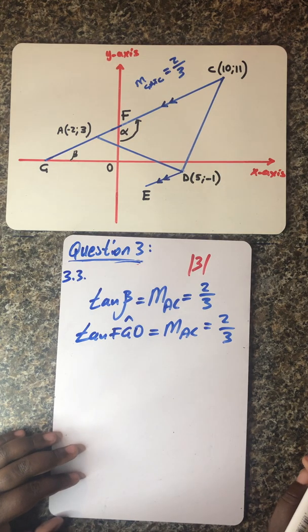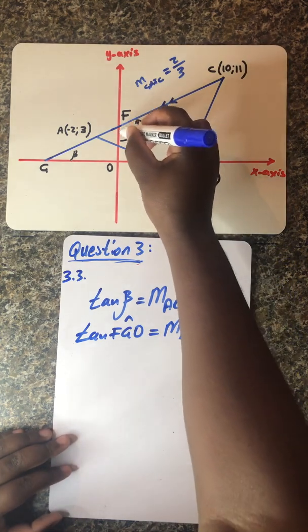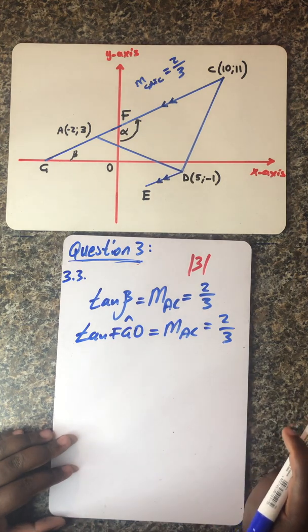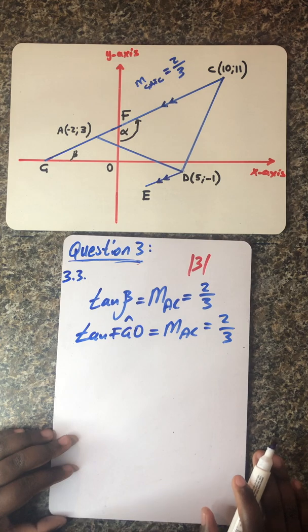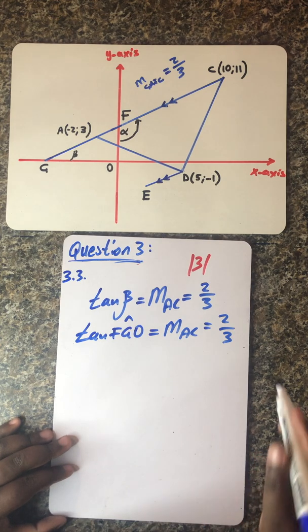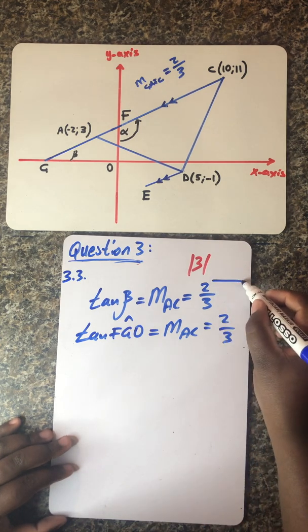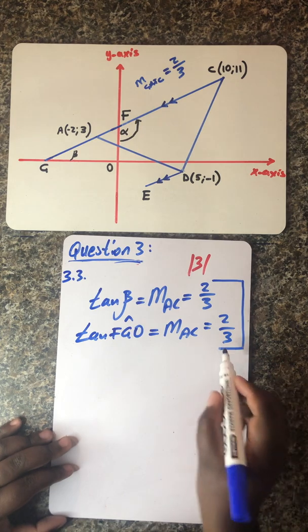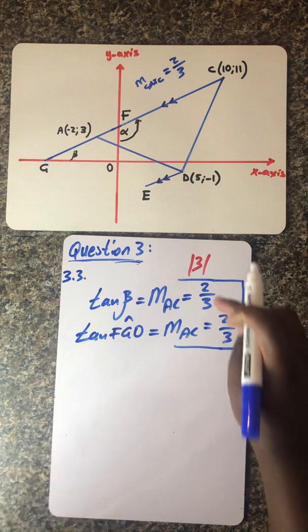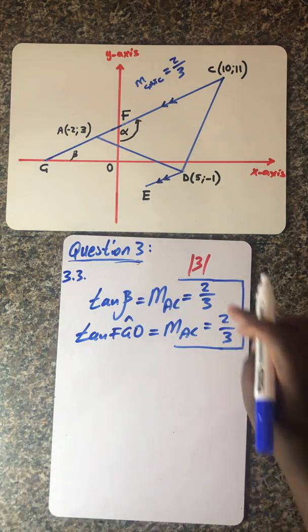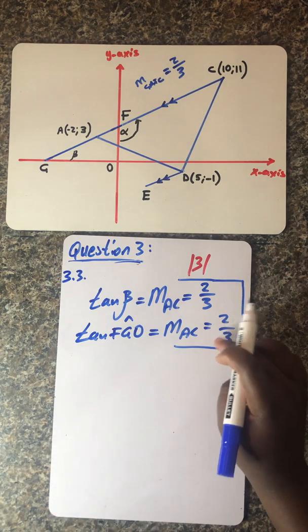So ladies and gentlemen, let's now formulate for angle alpha. We haven't started with the substitution, we are just trying to formulate. Remember, guys, these two formulas refer to the same angle. It doesn't necessarily mean that this is the first step and this is the second step. You can either choose to write it that way or this way.